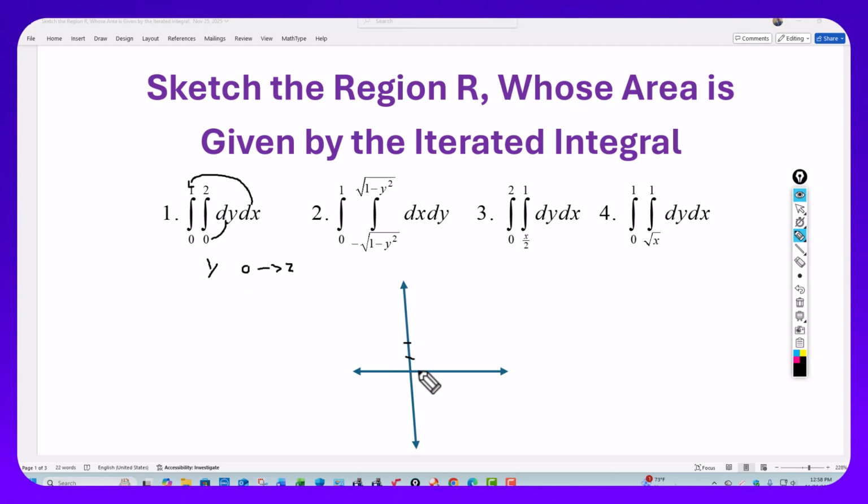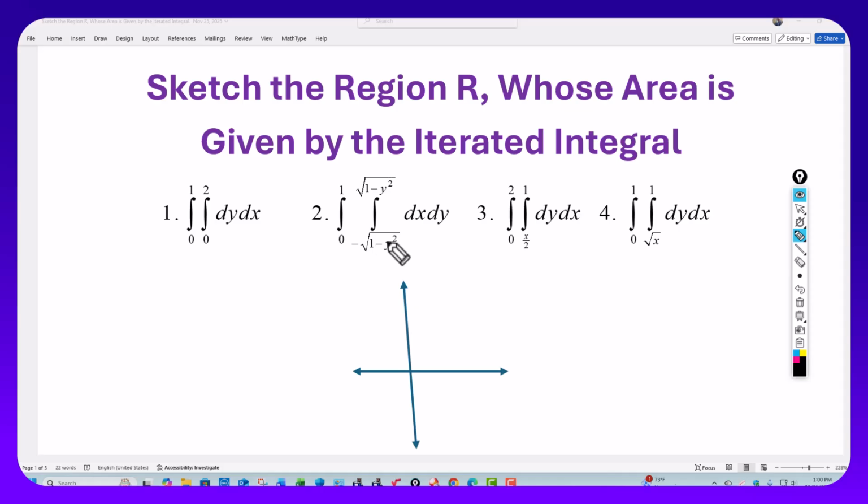So that means x would go from 0, which is the y-axis, to 1. So y goes from y equals 0 to y equals 2, and x goes from x equals 0 to x equals 1. So the intersection of those would be this rectangle here. This would be 2 here, and this would be 1. That's your region for the first one.